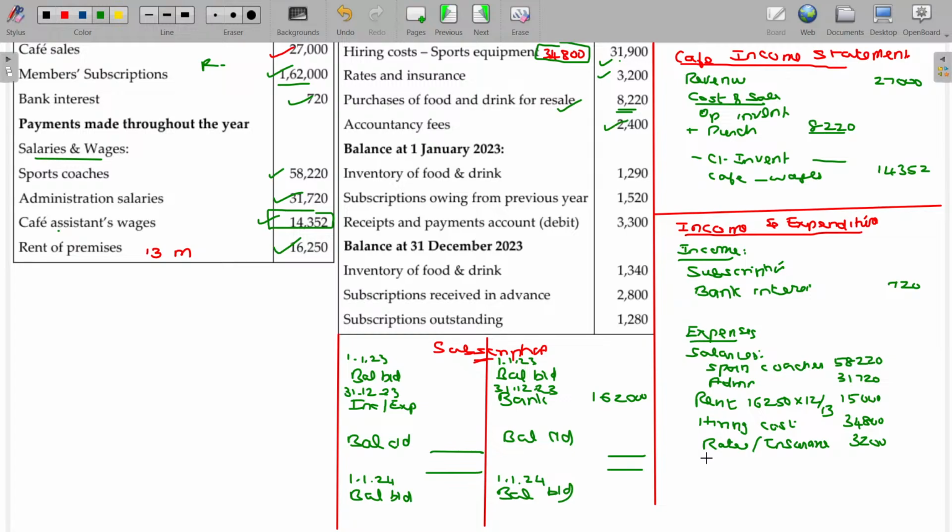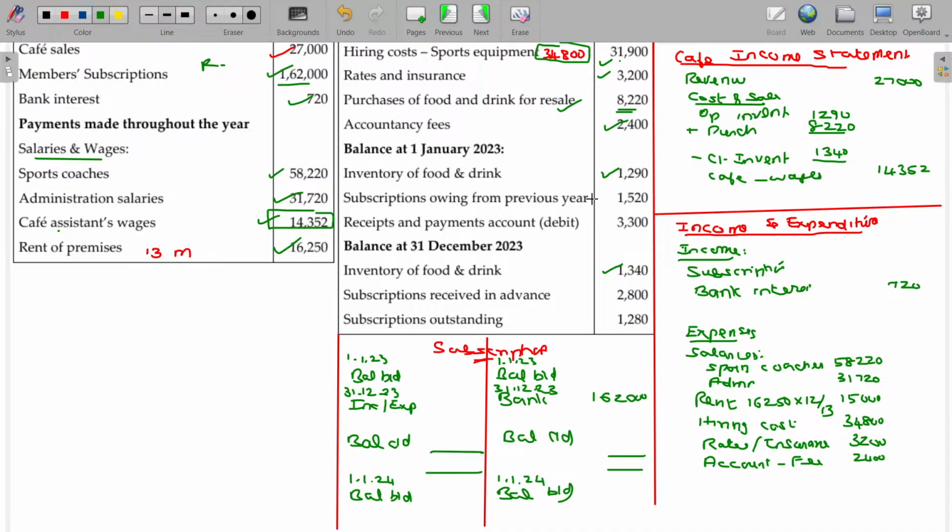Accountancy fees, part of the comprehensive income for the club. Accountancy fees, the value being 2,400. And inventory of food and drink, in the beginning 1,290, in the end 1,340.